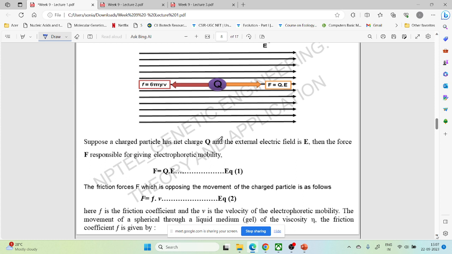Suppose I have a particle to which I am giving a force, so that is one force that I am providing. And there will always be a force opposite to the force that I am giving it, and that is the frictional force. The frictional force is always in the opposite direction to the motion and the force that is applied.